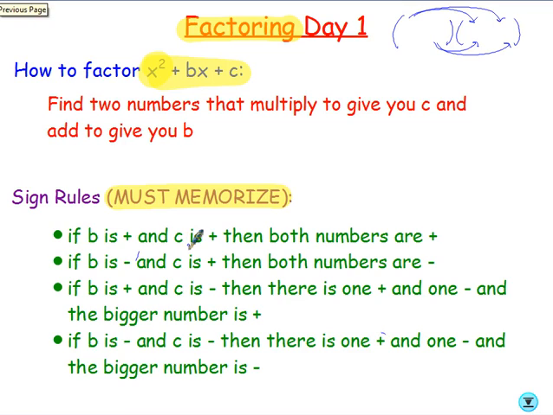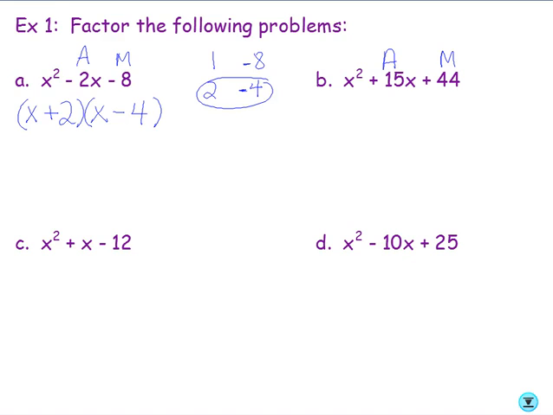If my multiplying number, C, is positive, my signs are the same. They are either both positive or both negative. Because I have to add to also get a positive, for this problem, everything's positive.